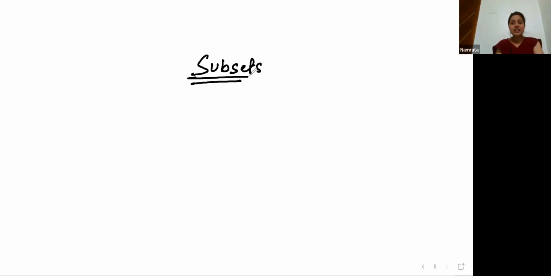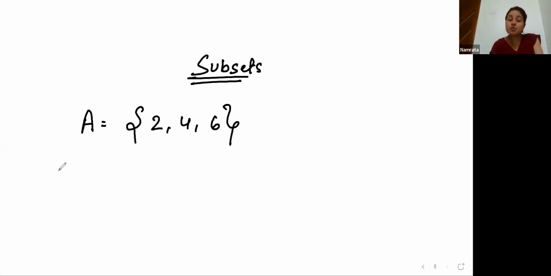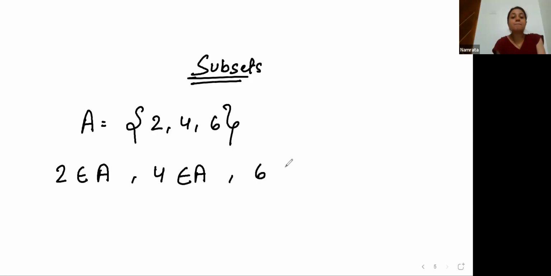But before starting the concept of subsets, let's recall a concept from the previous class. If set A has a few elements, 2, 4, 6, then we can write 2 belongs to set A, 4 belongs to set A, similarly 6 belongs to set A. This is the sign of belongs to.